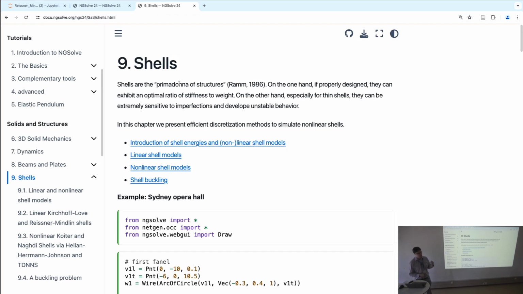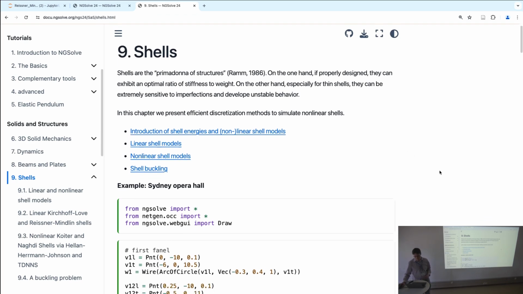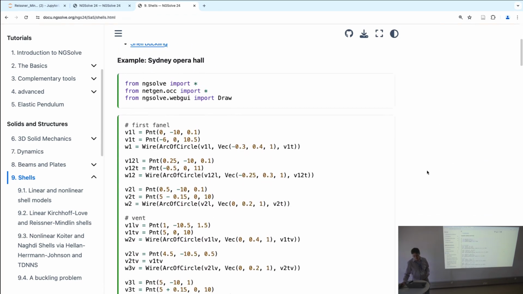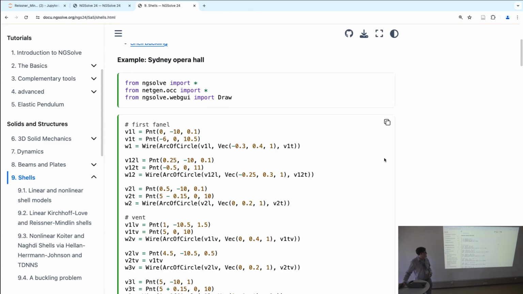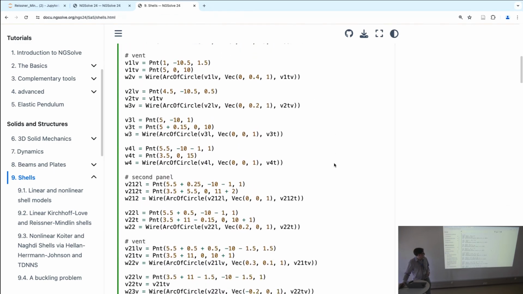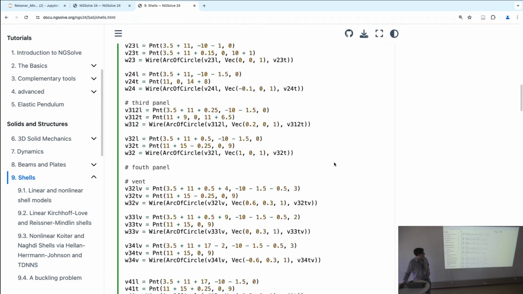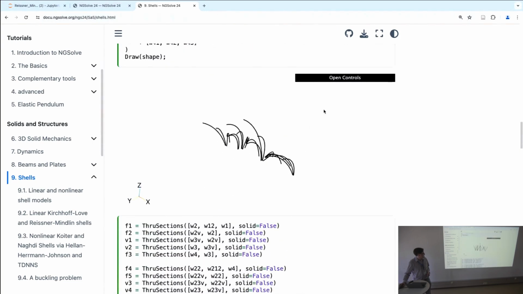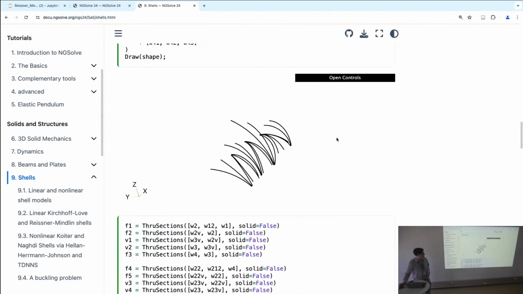We want to have complicated geometries. We want to have triangular elements, and there are boundary layers. So a lot of things can go wrong. We also want to have nonlinearity. We want to have kinks. As an example, we can now generate very nice shell geometries, also in Open Cascade, thanks to Sebastian Hinschel. For example, we have here a lot of wires, so we start building something like this.